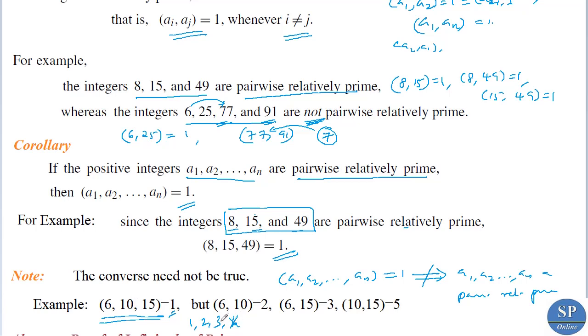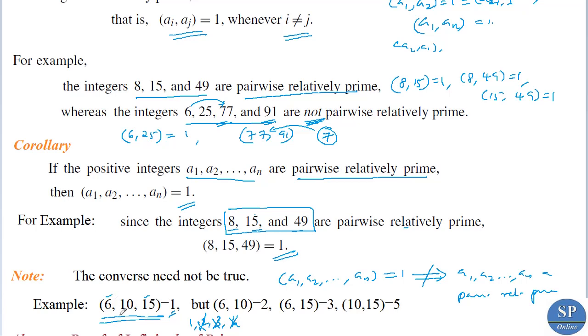Now 3 is a factor of 6 and 15 but it is not a factor of 10, so this is also not the gcd. Now what about 2? 2 divides 6 and 2 divides 10 but 2 does not divide 15, so this is also not the gcd. But 1 divides 6, 10 and 15. So 1 is the gcd of these three numbers.